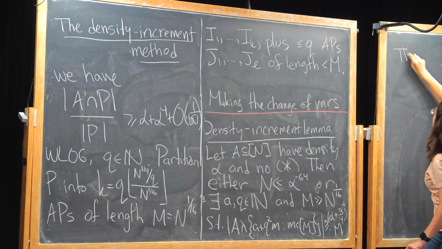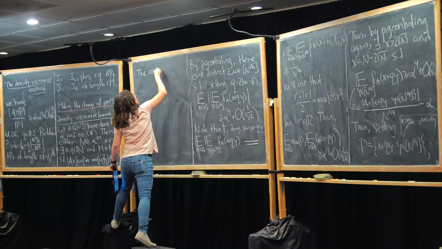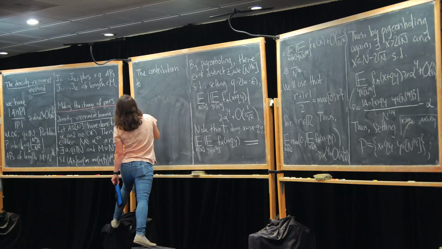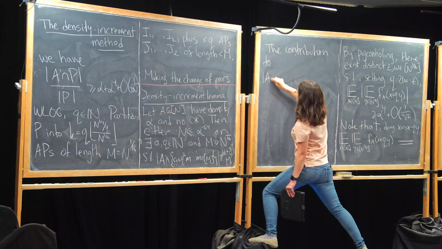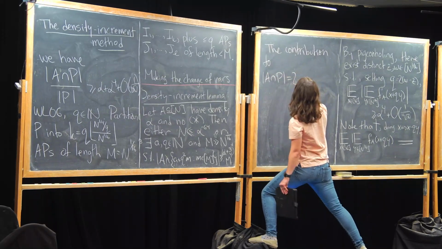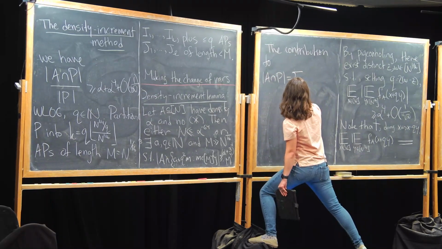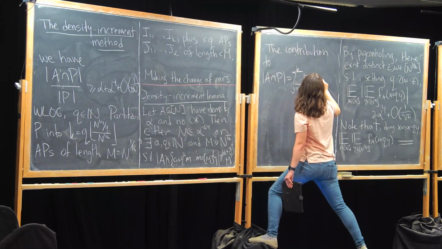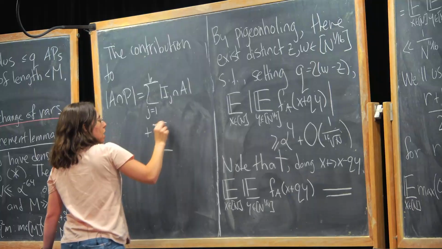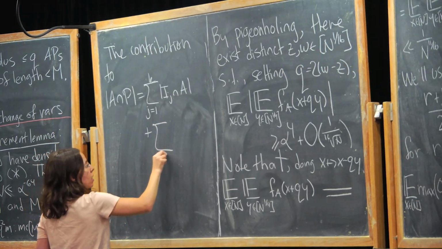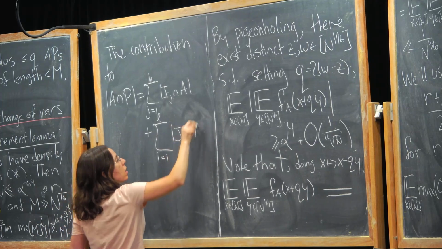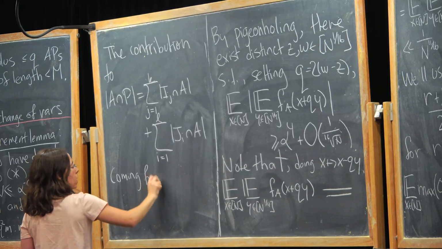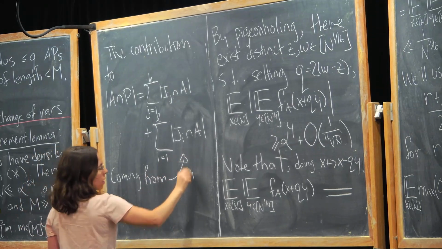So the contribution to the size of A intersect P coming from the J's, what is that?